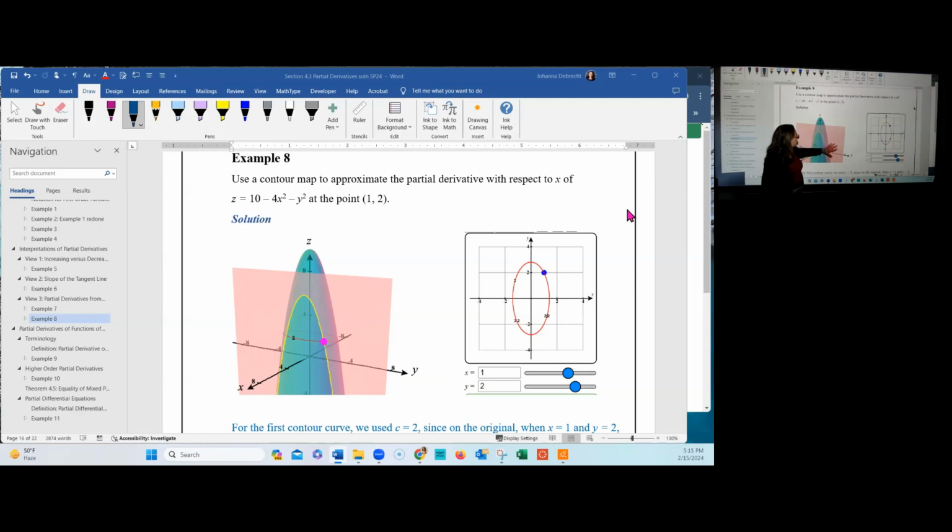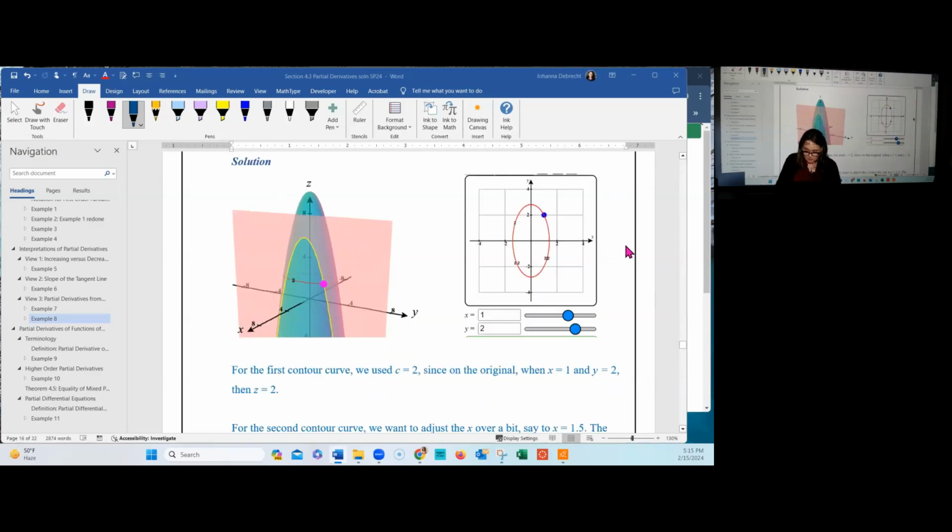So when we're looking at this, this again is just giving us the image of the contour line at that particular point, and also the intersection of the paraboloid with the plane. Now, on the first contour curve, we're going to use c = 2. That means z is 2, since that's our point 1, 2, 2. So x = 1, y = 2, and z = 2.